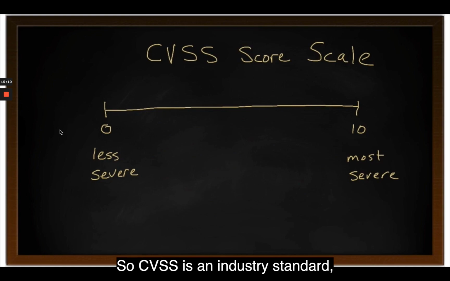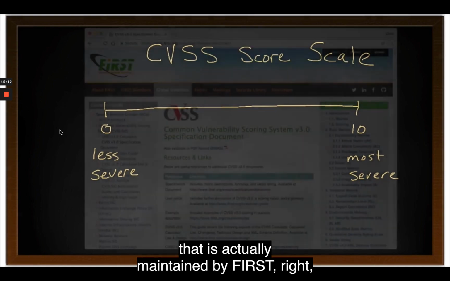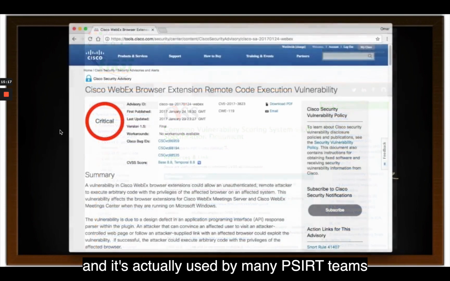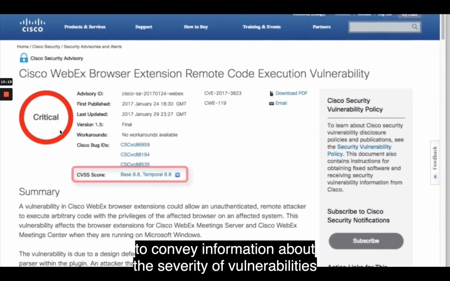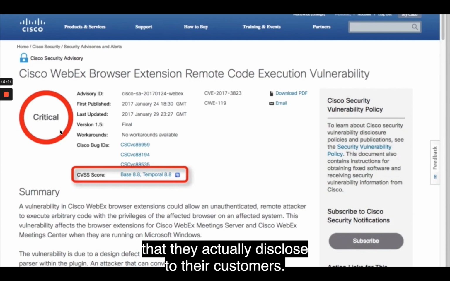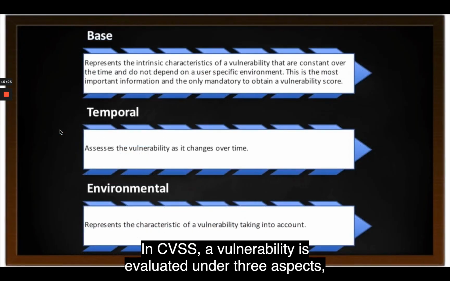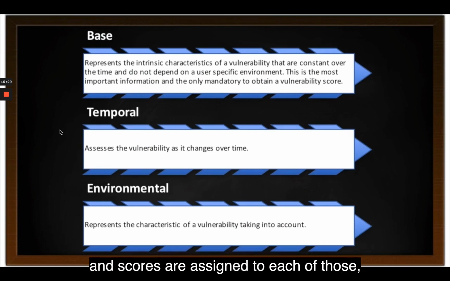CVSS is an industry standard that is maintained by FIRST, and it's used by many PSIRT teams to convey information about the severity of vulnerabilities that they disclose to their customers.